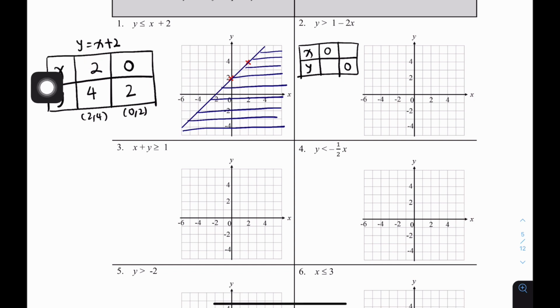We're going to draw y equals 1 minus 2x. When x equals 0, y equals 1. Next, when y equals 0, kita ada 1 minus 2x, 2x equals 1, x equals 1 over 2.